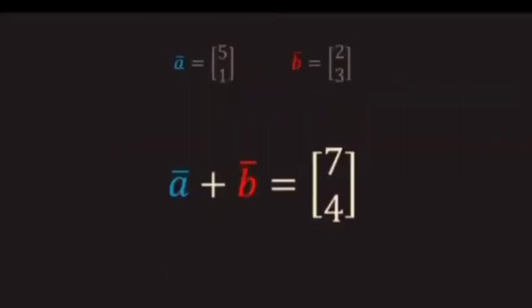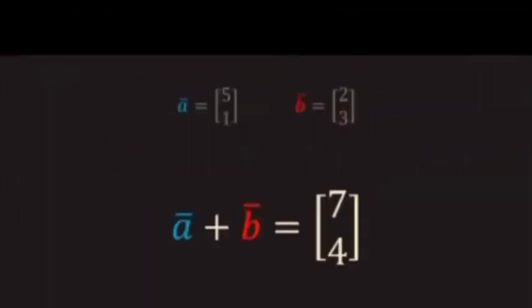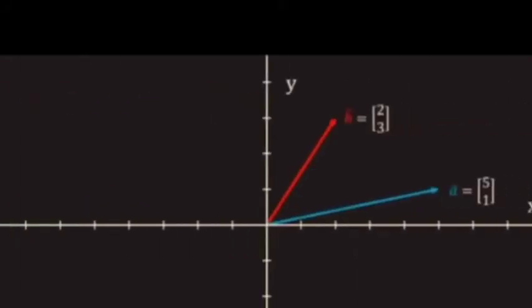So in a graph, we have vectors A and B, that is (5, 1) and (2, 3).